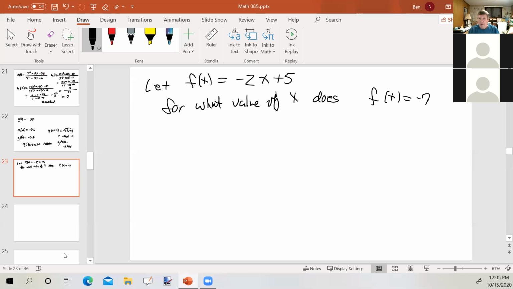Now, f of X is another name for Y. So in this situation, what is Y equal to? -7. So instead of putting in an X and finding Y, now they're telling us what Y is, and we're going to find X.